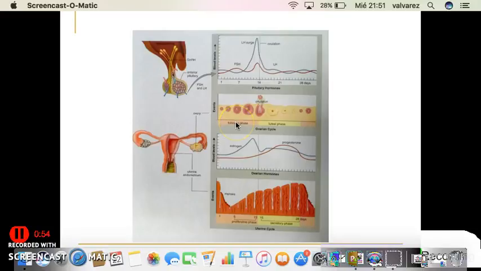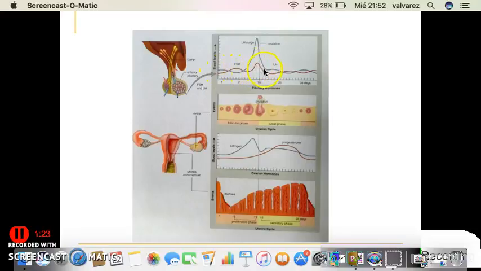Okay, let's go back to the information by analyzing the graphs. At the beginning of these videos, I started explaining that the hypothalamus was going to be releasing a gonadotropic hormone, which causes the anterior lobe of the pituitary gland to release two hormones, FSH and LH.